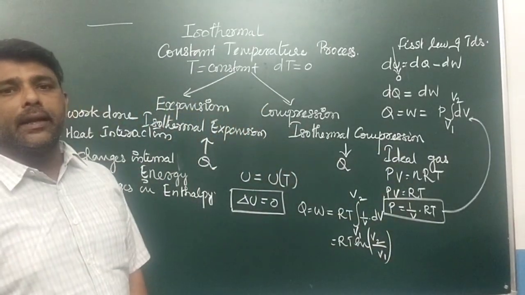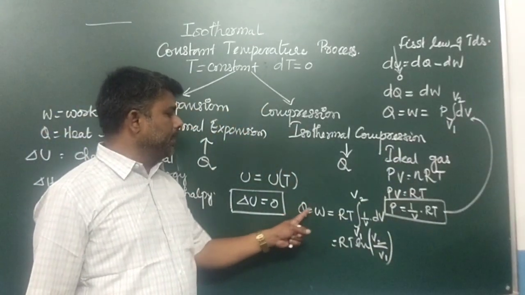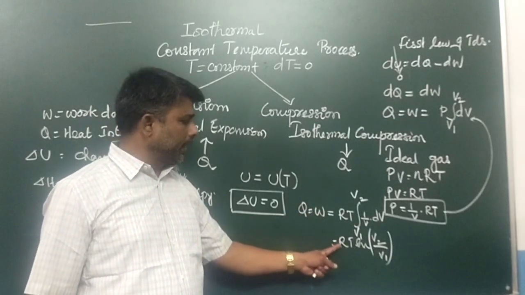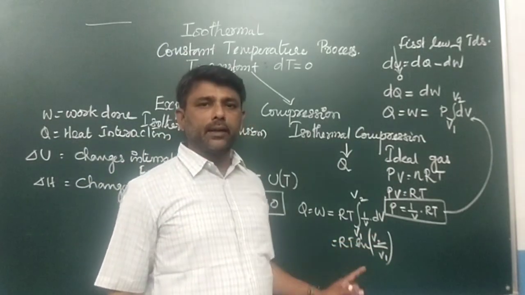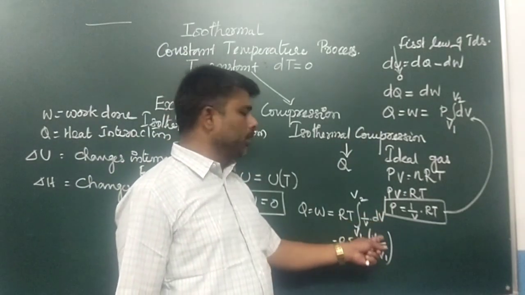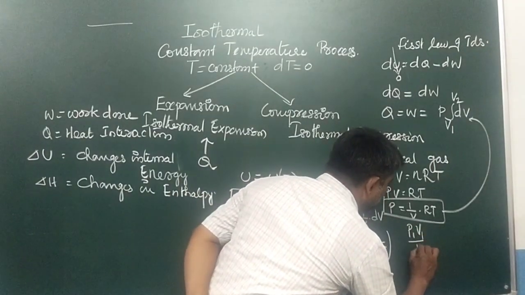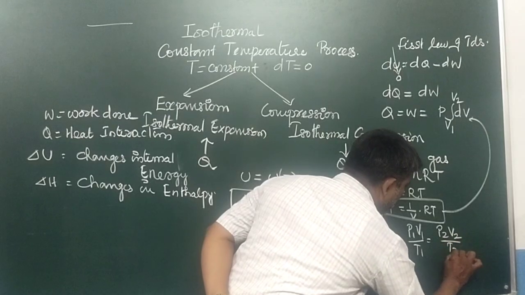This is the heat and work interaction in a constant temperature process. This is equal to nRT ln V2 by V1. For an ideal gas, P1V1 by T1 is equal to P2V2 by T2.